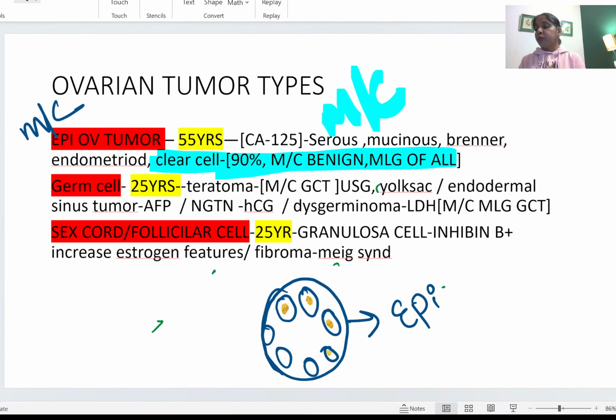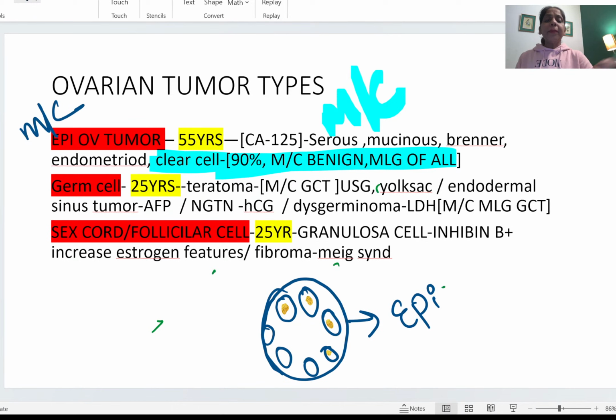So however they twist the question, if they ask which is the most common benign ovarian tumor, your answer will be epithelial ovarian tumor. Which is the most common malignant ovarian tumor? Your answer will be epithelial ovarian tumor.